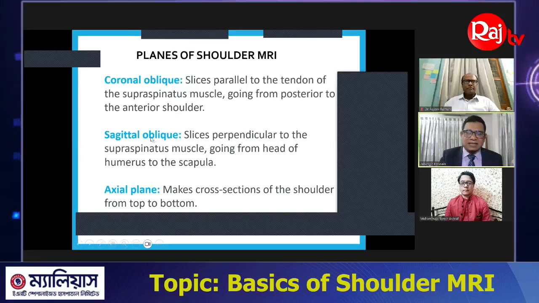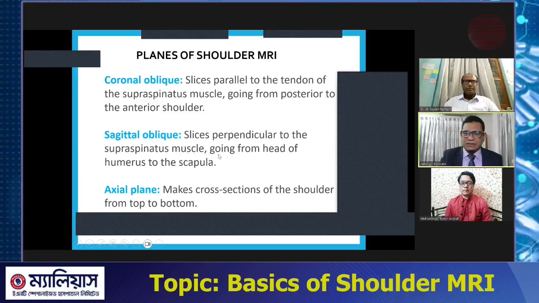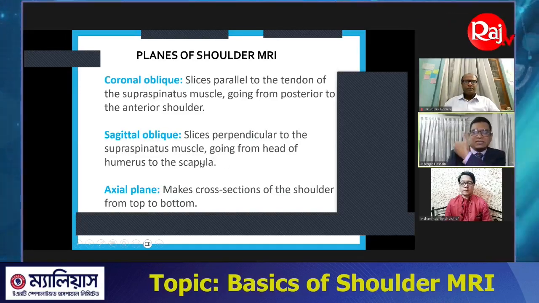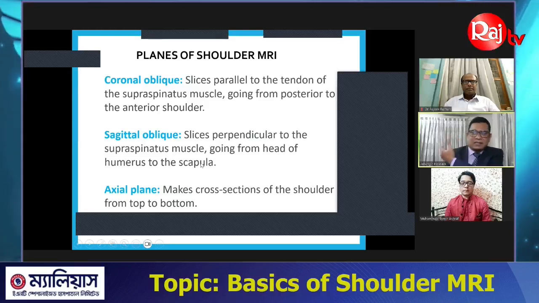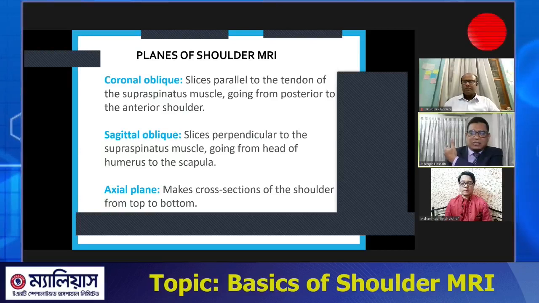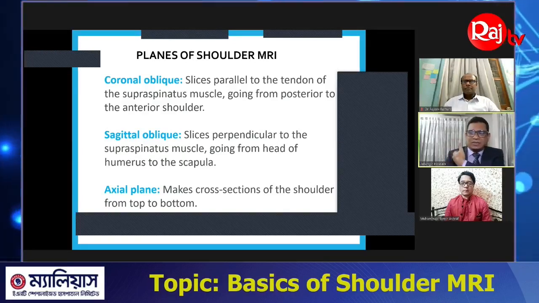And next, the sagittal oblique plane, sliced perpendicular to the supraspinatus muscle, going from the head of the humerus to the scapula. That means the sagittal plane starts from the lateral side and goes to the medial, I mean, from the greater tuberosity of the humerus to the scapular neck. This is the sagittal oblique plane.